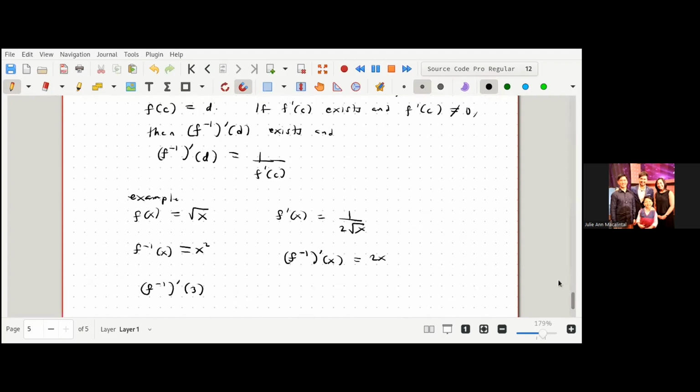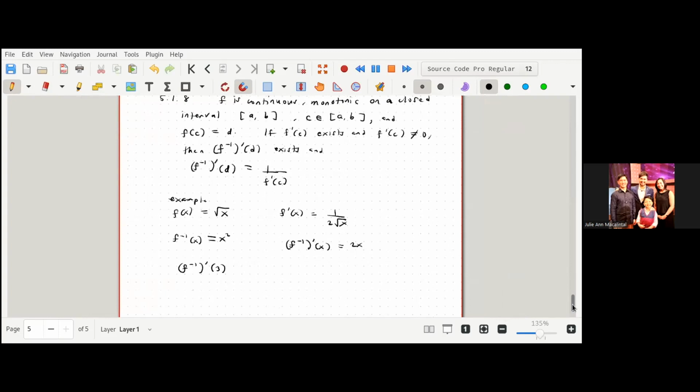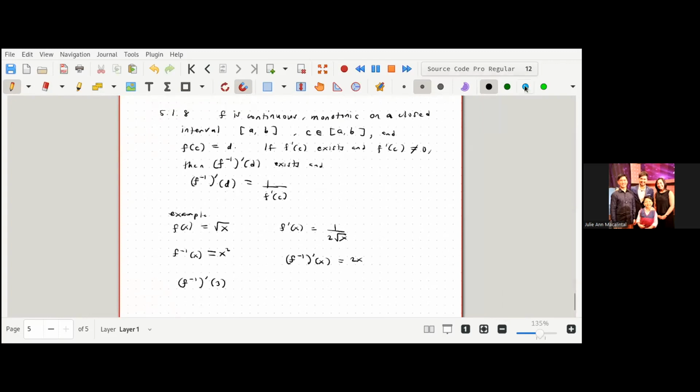Let's zoom out. Let's identify: the d here is 3.